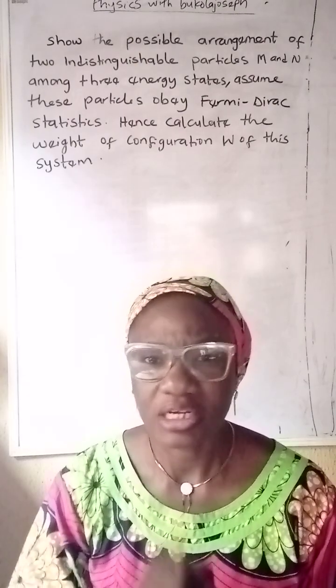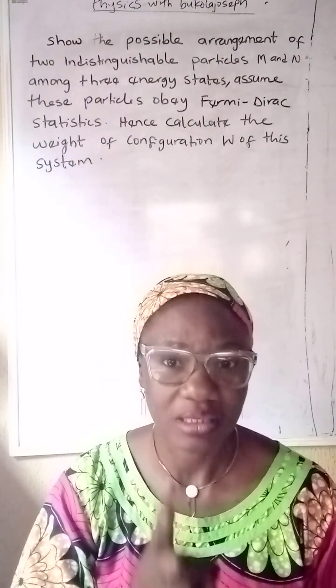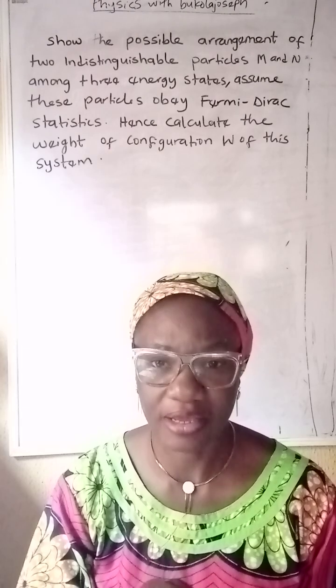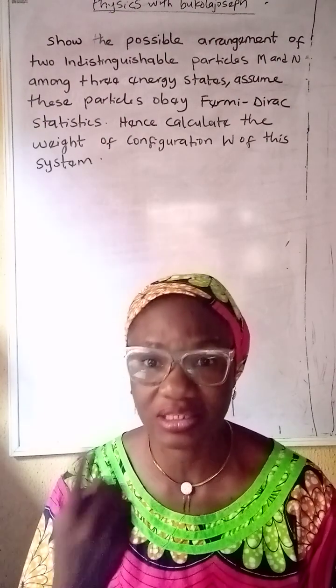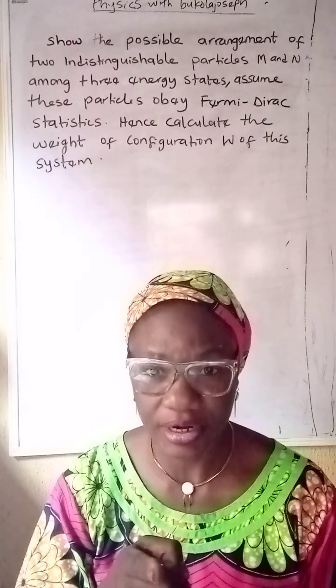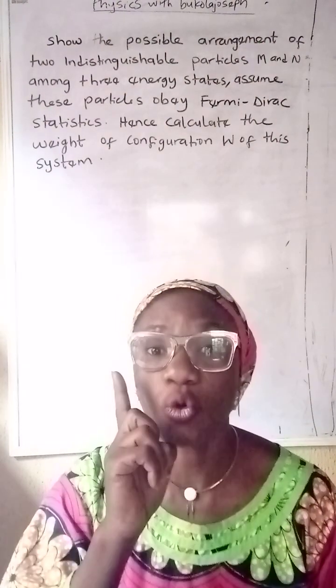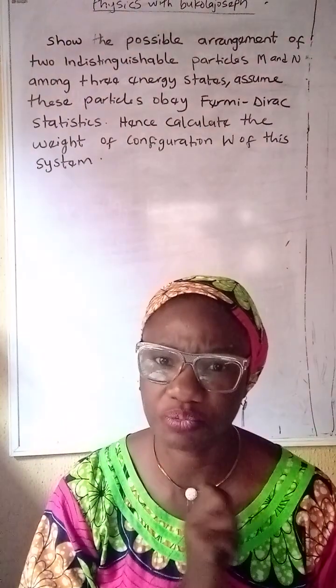So the Bose-Einstein statistics does not obey the Pauli's exclusion principle. Now if you check the last video, for the weight of configuration we were able to get 6. Now Fermi-Dirac, on the other hand, does obey the Pauli's exclusion principle. So let's solve this problem together.